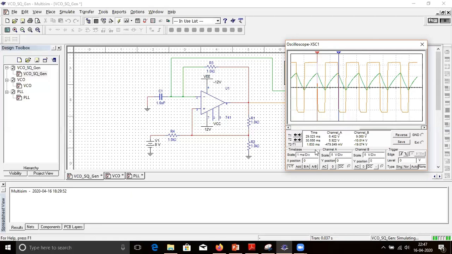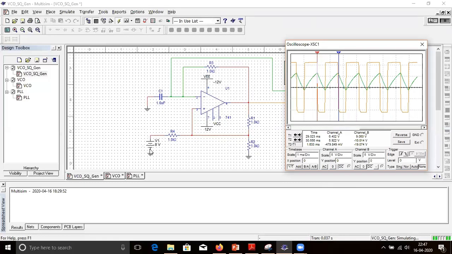So did you notice the effect of external voltage that we have applied? So this is very simple circuit that we have modified. Since you are already aware of this concept of Schmitt trigger, you can just modify the circuit of square wave generator by applying external voltage, and as you see, the output frequency changes as a function of external voltage.